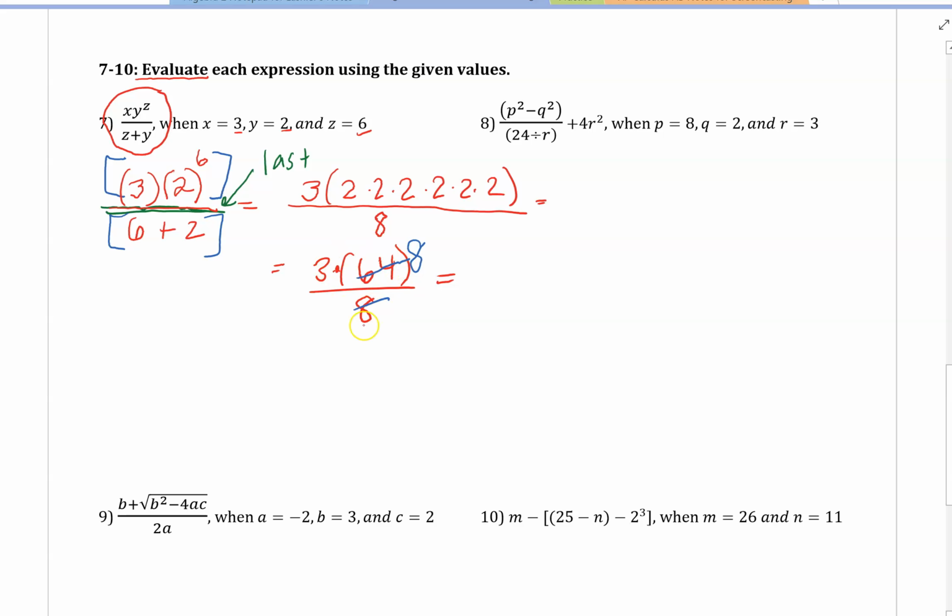Multiplication and division can happen at the same time. So in this case, it was nice for me to do that because then I only have to multiply 3 times 8 and get 24 instead of having to try to multiply 3 times 64, get this giant number, and then divide by 8. So if you have operations within the same order, so multiplication, division go together, you can kind of do them simultaneously like that.